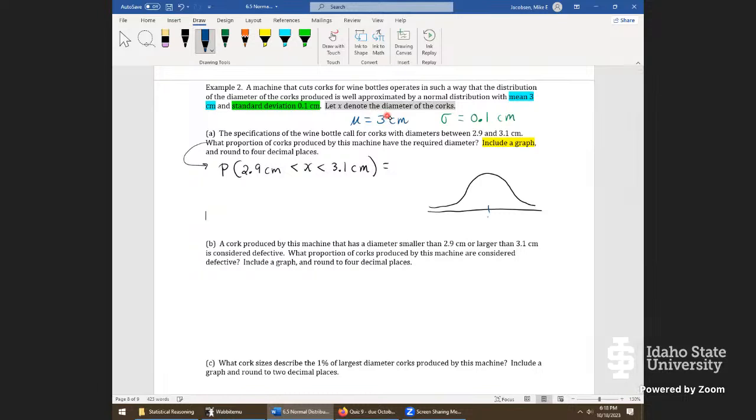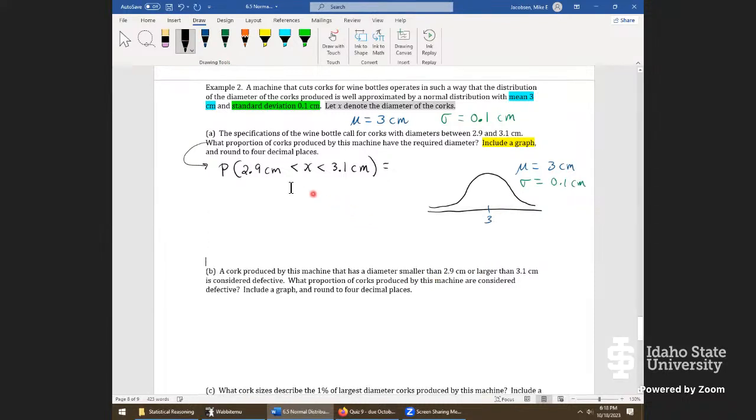And the center is 3, and it's often a good idea to put that value down. In fact, every time I draw a graph, I'd probably always do this for the notes. So those are the 2 population characteristics. Once we have the graph, there's still more that has to go on here, a good amount more. We go back to the question. X, well, X is on this axis here.